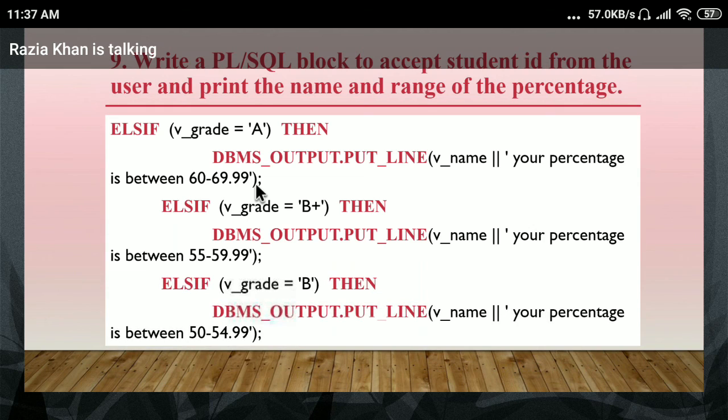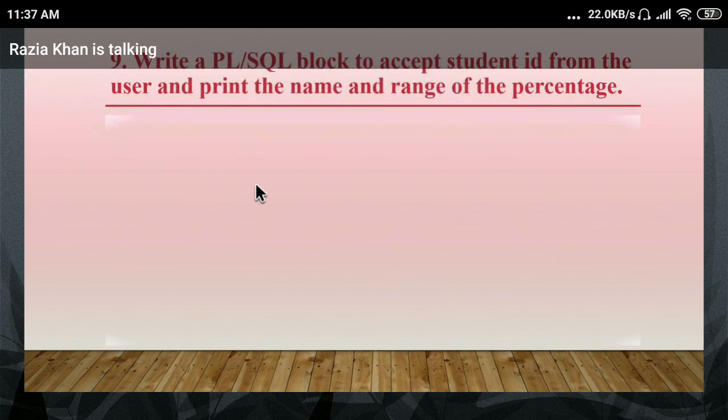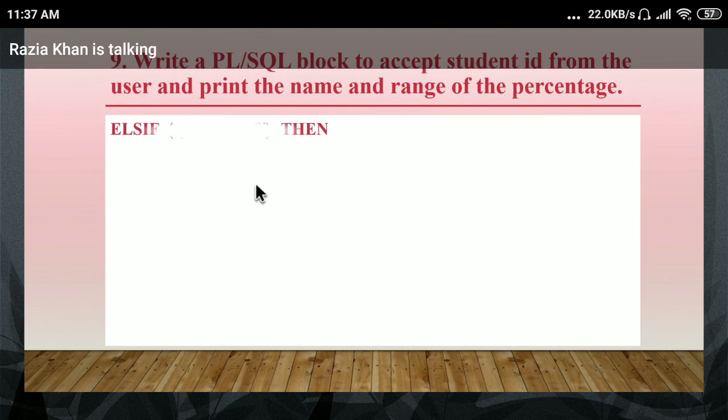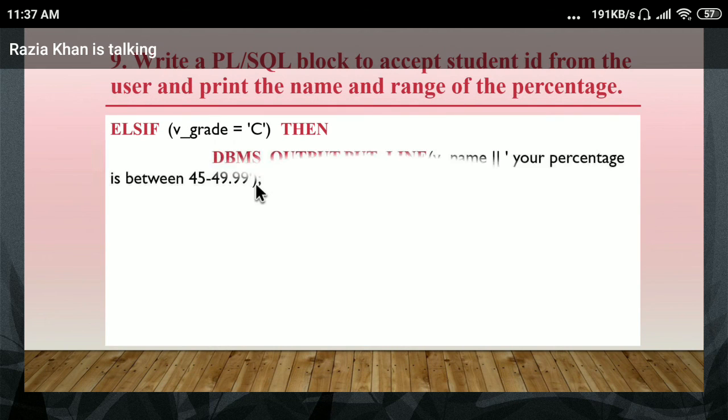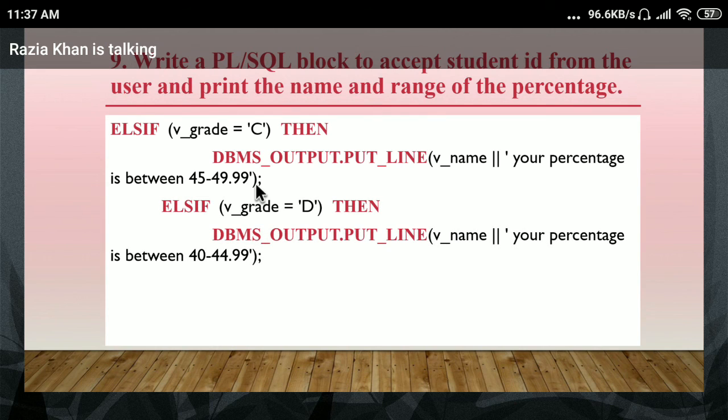So like that, it will keep checking the next condition. Yes, if one of the conditions is true, it will stop at that point. Is it okay? Clear, everyone? Yes or no? So like that, you have to check all the grades.